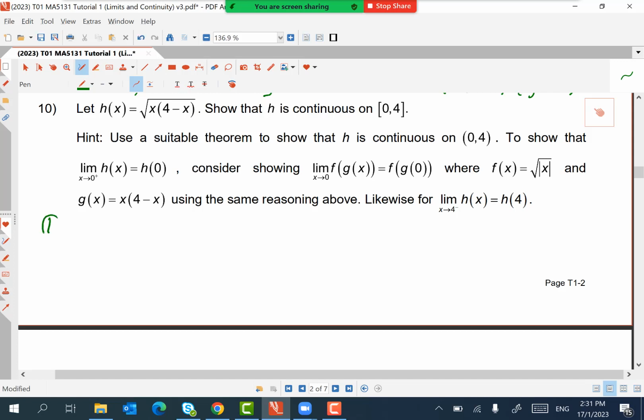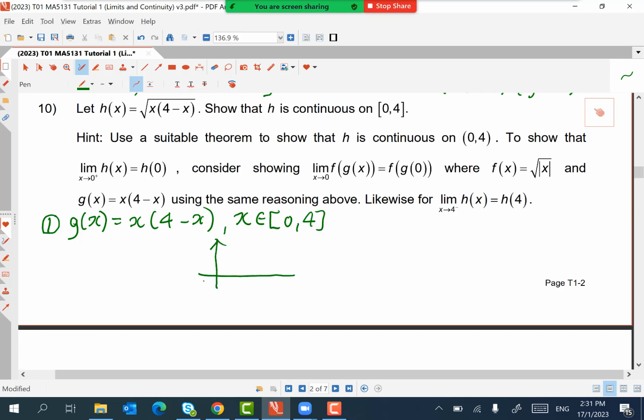For this question, we first and foremost want to define the function g(x) over the interval 0 to 4, x in [0, 4]. All right. So let's sketch this graph to find the range of this function.